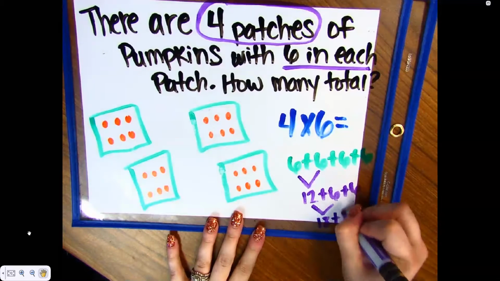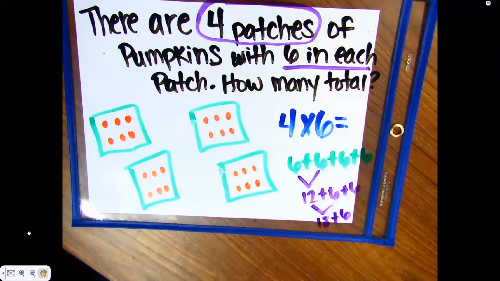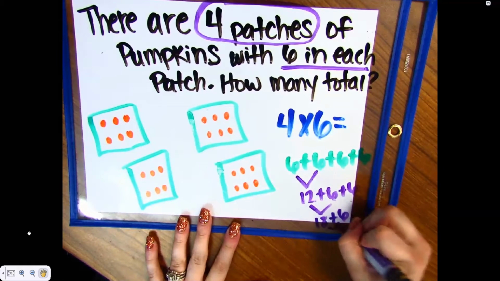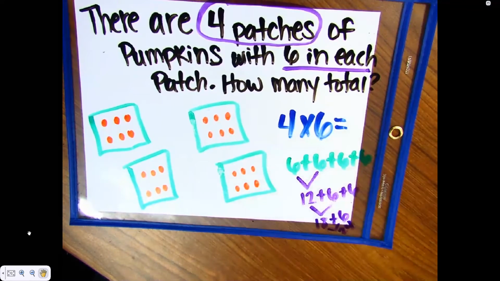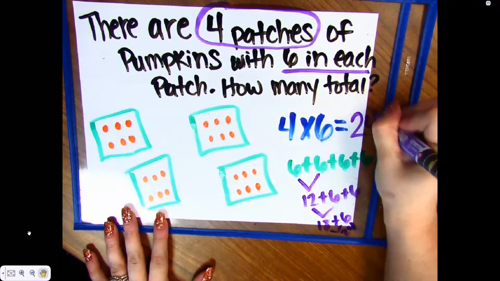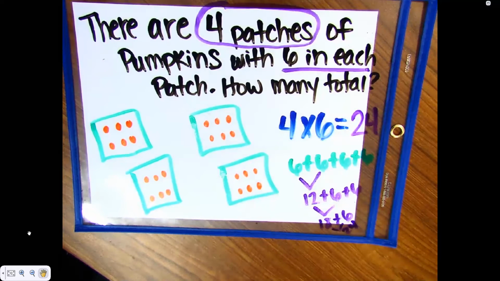Then I need to add another 6. Okay. So what's 18 plus 6? If I don't know, I could count. 18, 19, 20, 21, 22. Grace, what is it? 24. Good. Okay, so I know my total is 24.